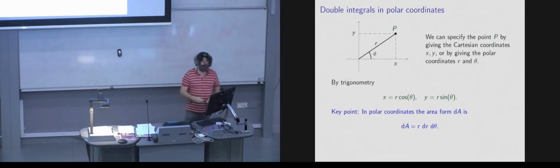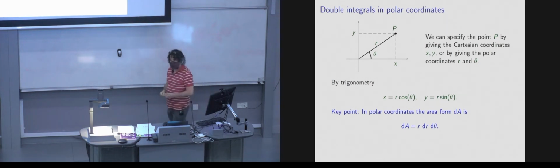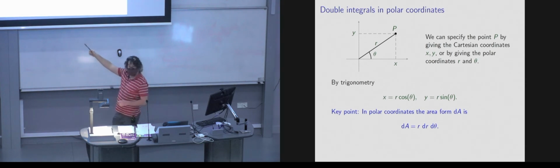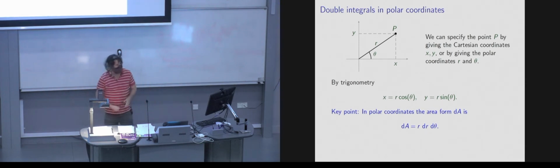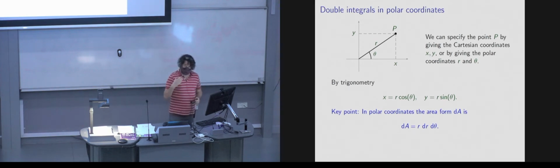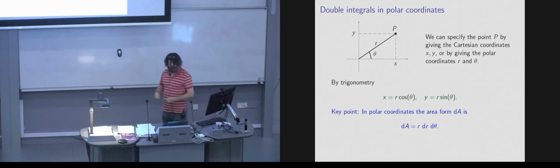When we want to do double integrals using polar coordinates, the key point is that the area form dA in the double integral needs to turn into r dr d theta. When we use x and y coordinates, dA is just dx dy. When we use polar coordinates, we need to replace dA by r dr d theta.